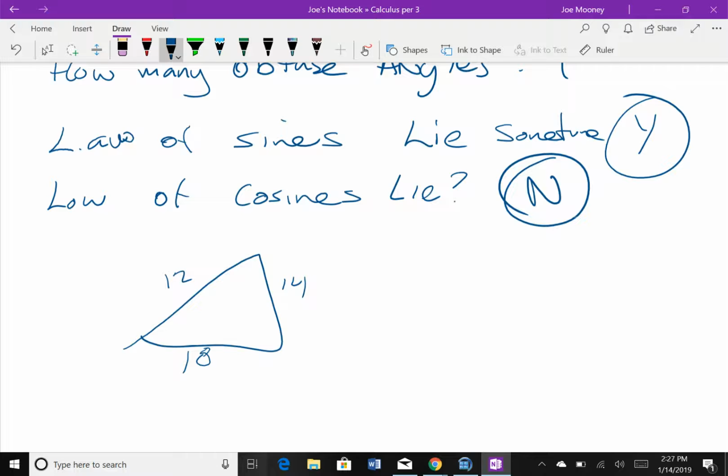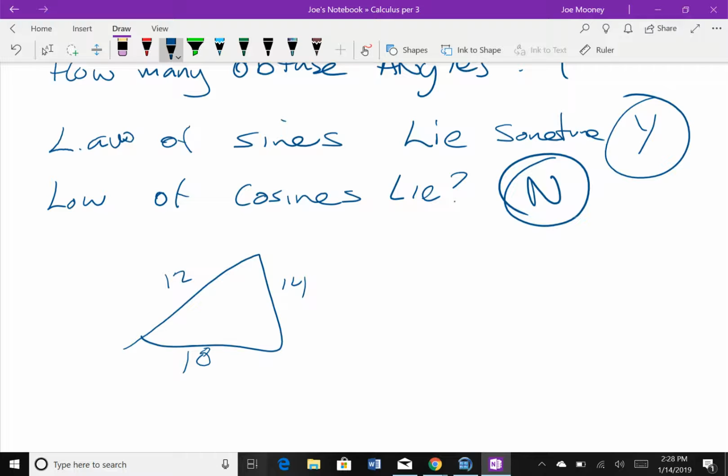I'll tell you the right way first. The correct way is to use the law of cosines opposite the largest angle. Because if there is an angle that's bigger than 90 degrees, what side would it be opposite? The largest side, the smallest side, or the middle side? It'd be opposite the largest.